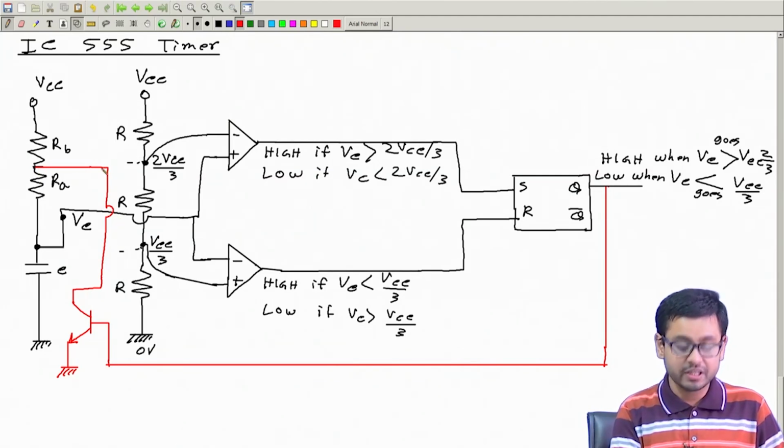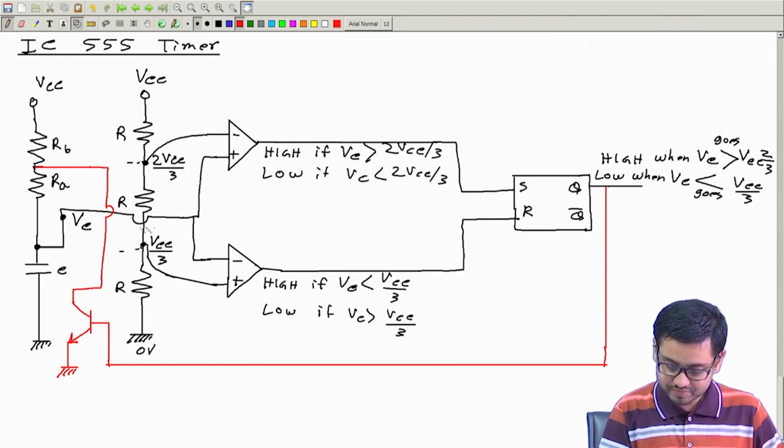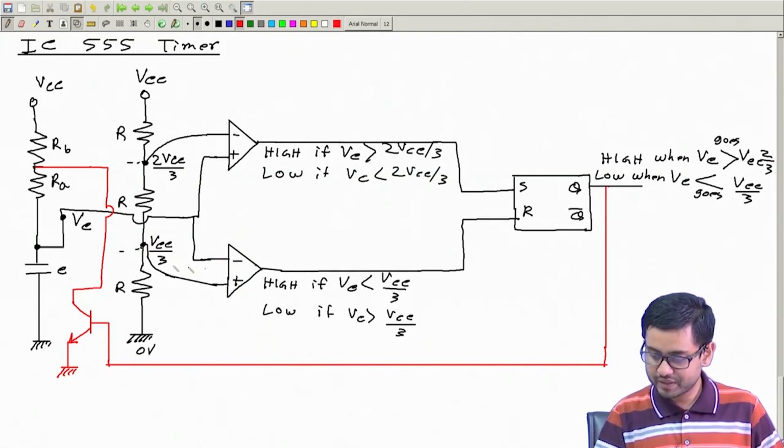This potential will start to drop and Vc will start to go down, and as it goes down, at some point this comparator will tell me that Vc is lower than this threshold.